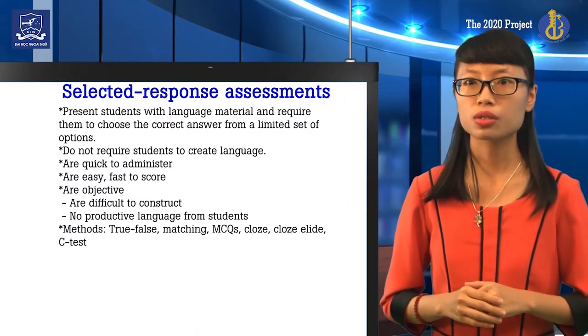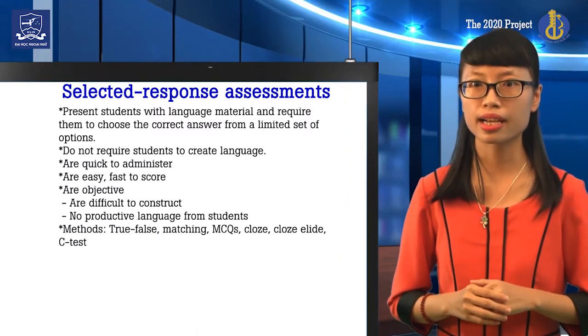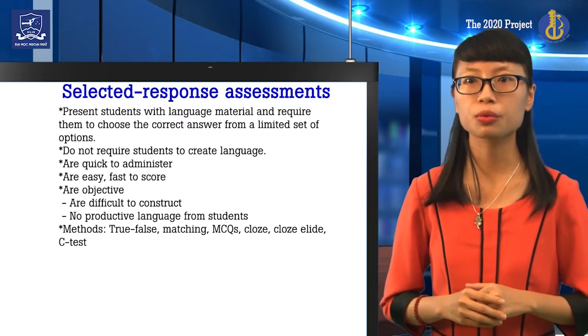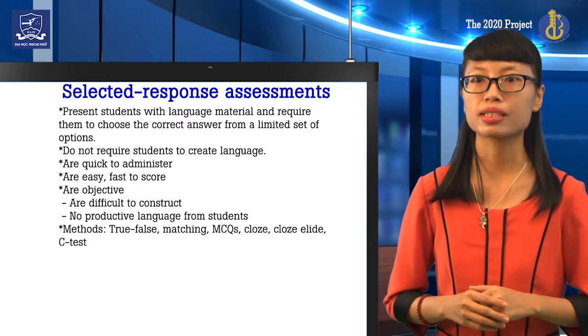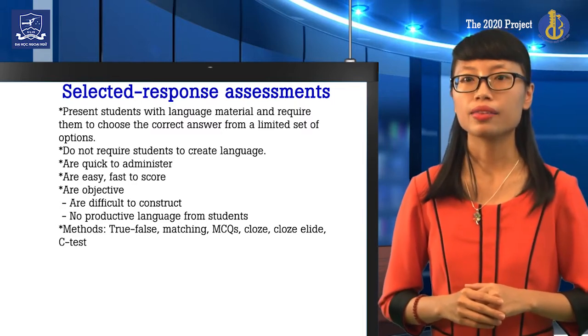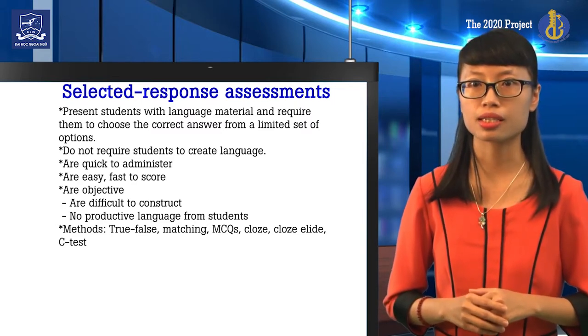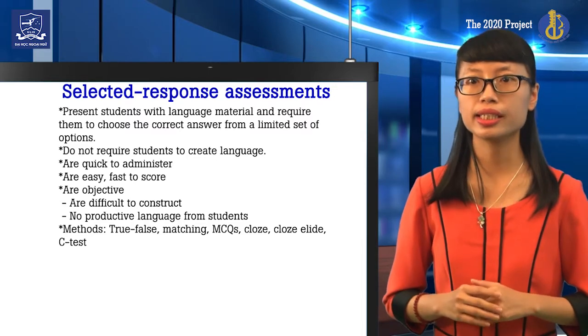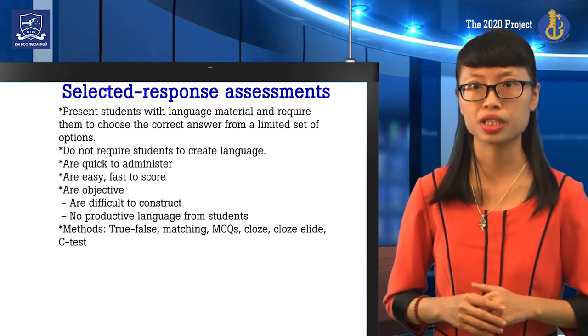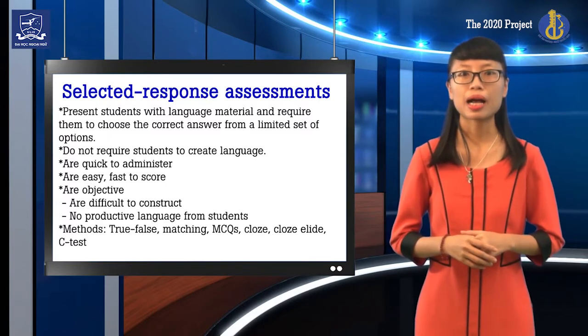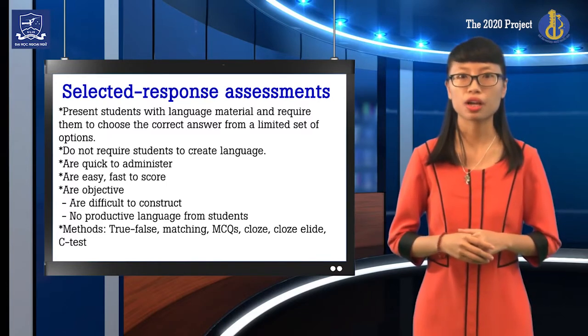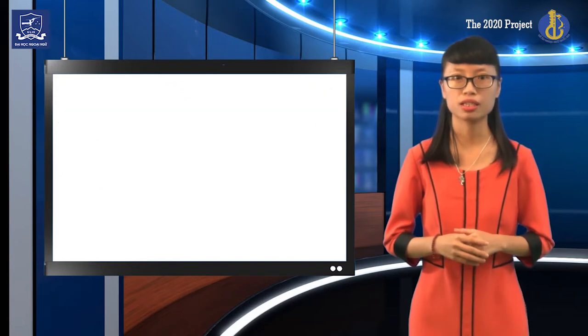Differently, a cloze elide test contains text with some unnecessary words which need to be detected and deleted by the test takers. And these types of tests are suggested to be good indicators of general proficiency because they require the candidate to combine many areas of language knowledge to solve the task.